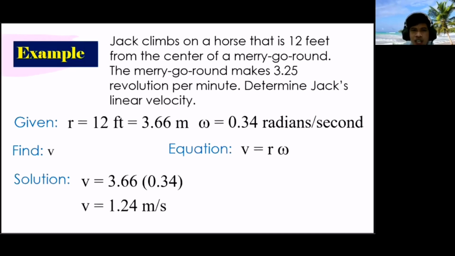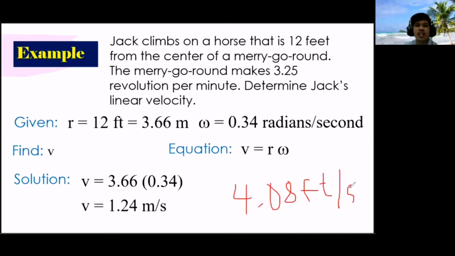Or you have another answer, 4.08. Again, I said I will accept this, feet per second. All right, it's very easy, right? Very easy to solve for linear and angular velocity.